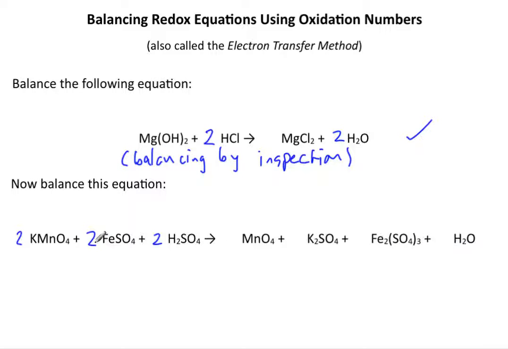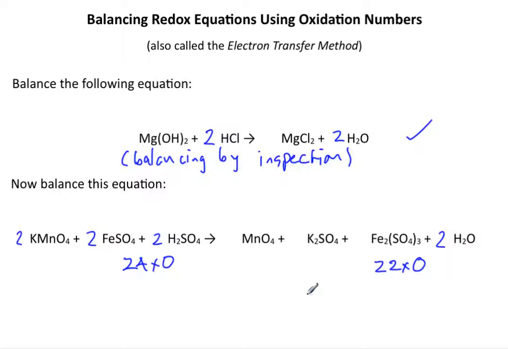If I count the hydrogens, I have 4, and here I have 2. So if I make that 2, now I count the oxygen. So I have 8, 16, 24 oxygens. And here I have 4, 8, 20, 22 oxygens.